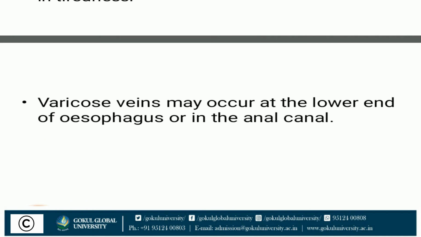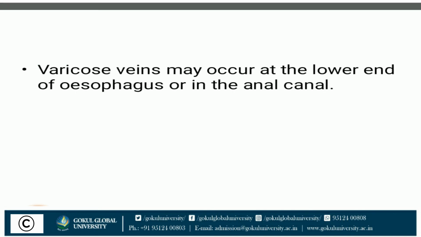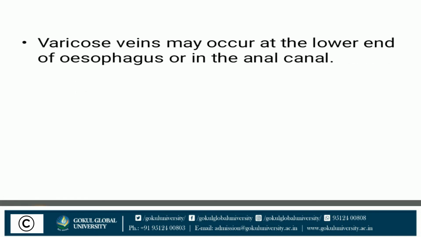Varicose veins may occur at the lower end of the esophagus or in the anal canal. Generally we see patients with varicose veins in the leg due to continuous standing, but in some cases they can be seen in the lower end of the esophagus and in the anal canal.